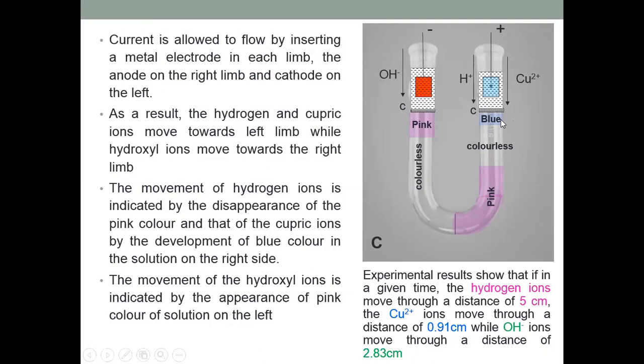So this means which ions move faster? H+, of course, as compared to cuprous ions, sorry, cupric ions. And over here on the left hand side, for the hydroxide, the pink color will tell us the distance traveled by the hydroxide, or roughly give us the velocity of that ion.